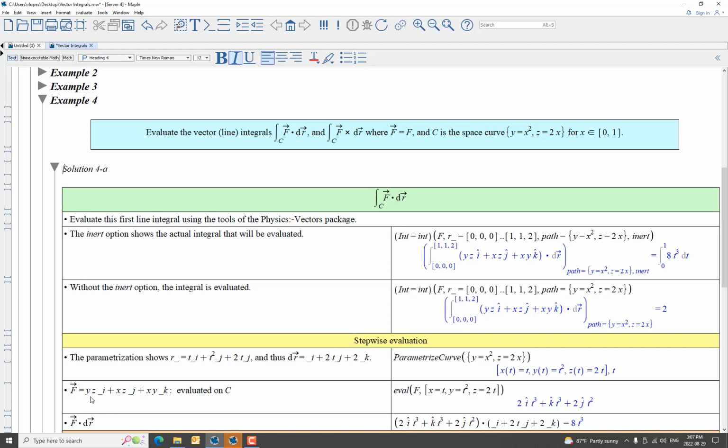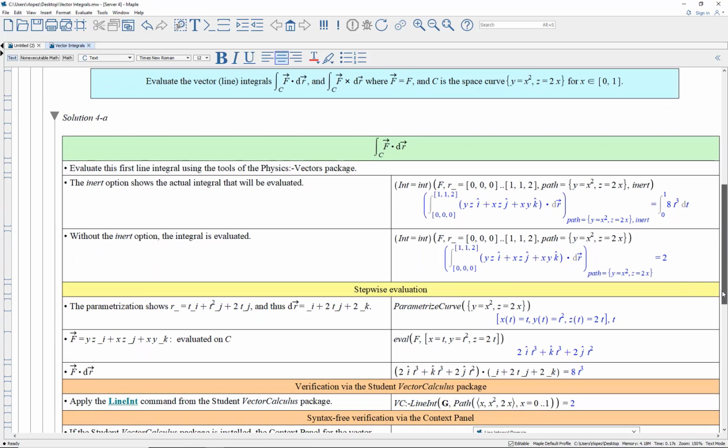The function f evaluated on x equals t, y equals t squared, z equals 2t becomes the vector form evaluated on the curve, 2t cubed. That's i. j is over here, 2t squared and t cubed. If you dot f with dr, this is f, this is the dr, you get 8t cubed, which is what you have here.